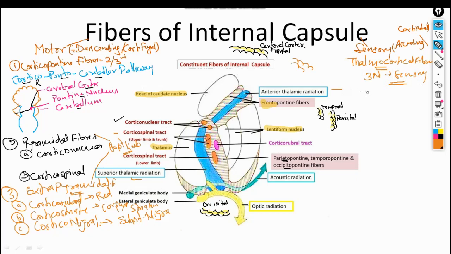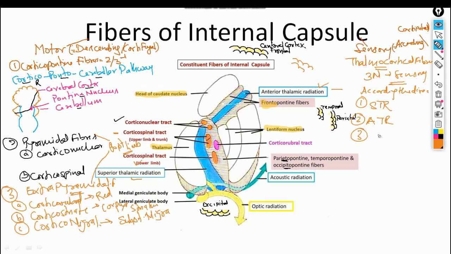So now it is clear that the thalamocortical fibers are named according to their direction. Clear? So you can see the superior thalamic radiation. Another is the anterior thalamic radiation, in the anterior direction.